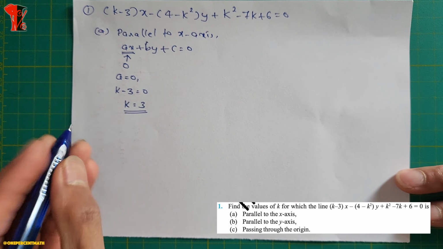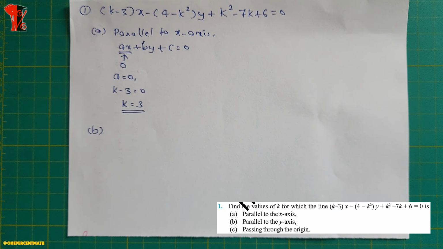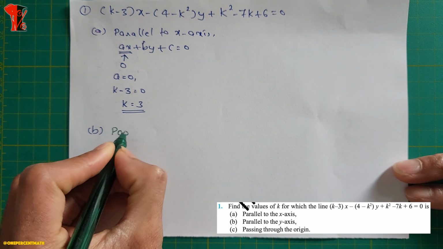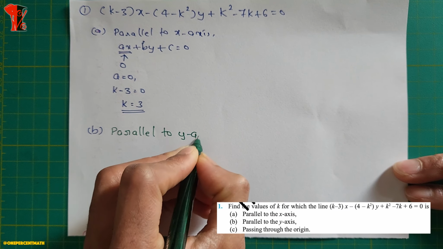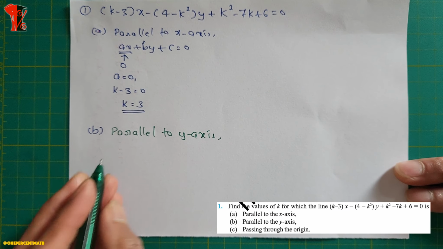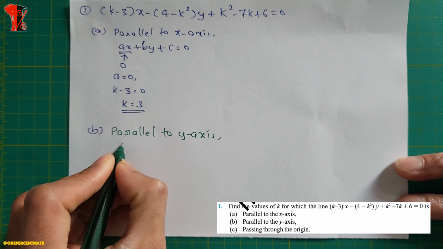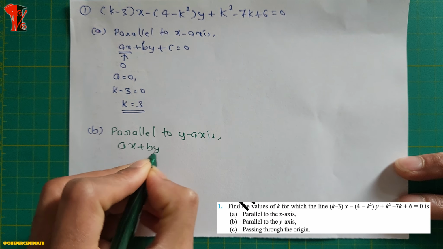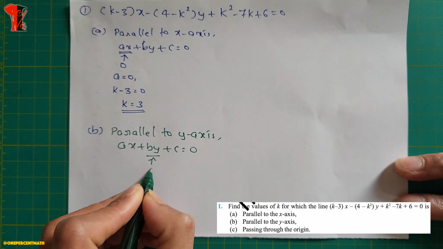If you move to the second question, here the line is parallel to the y-axis. Same concept: if the line is parallel to the y-axis, and I take an equation ax plus by plus c is equal to 0, the y term should be equal to 0.